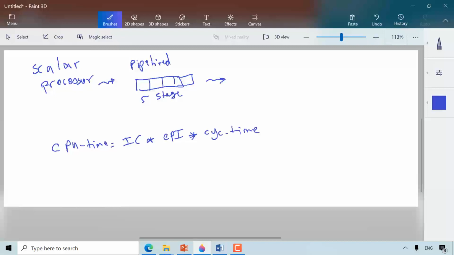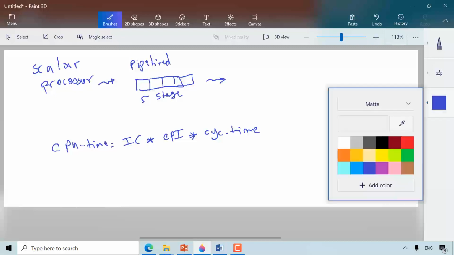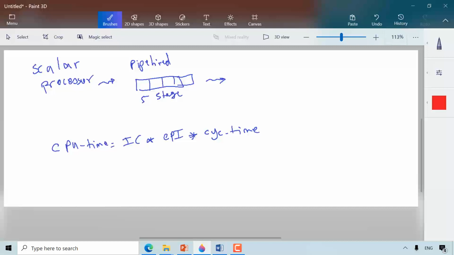So what people did, they figured out if they could reduce the cycle time by using super pipeline, further dividing these stages. And there came the idea of super pipeline. Many stages you have in these microprocessors, probably above 30 stage, 40 stage, and that had helped the cycle time to be reduced and therefore reduce the CPU time.